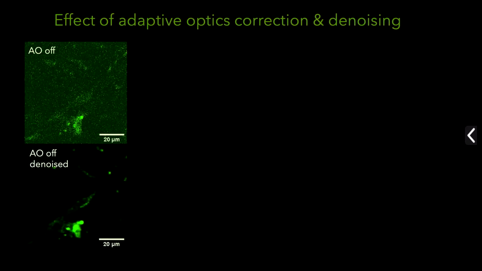This image denoising also brings me to a very important technical point that I really want to highlight here. Although denoising improves the apparent SNR, it is not a substitute for missing resolution and therefore for adaptive optics.